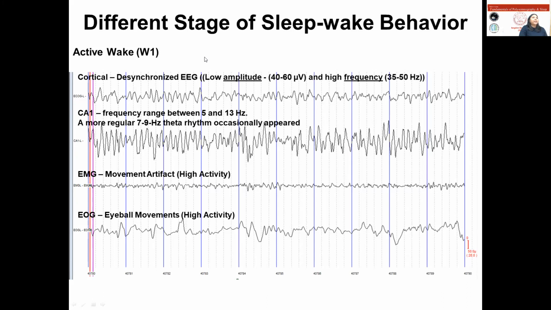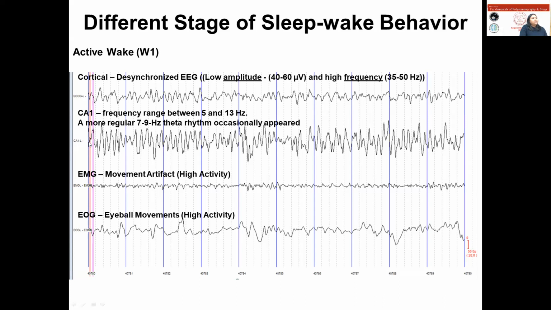We study the sleep-wake behavior for 24 hours, and it is scored for every 10-second epoch. So this image gives a snapshot of a 10-second epoch. The EEG in ECoG is from the cortical screw electrode and shows low amplitude, high frequency oscillations.